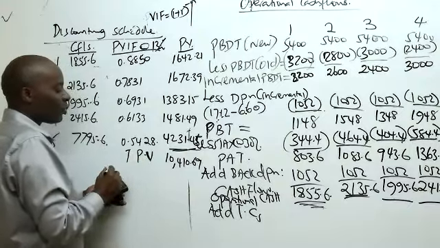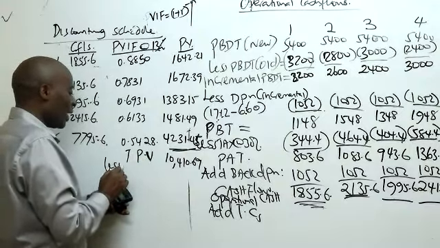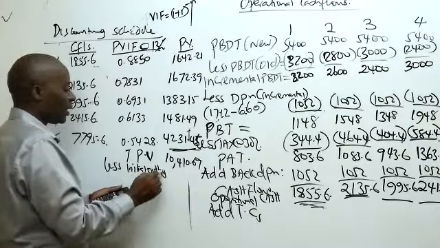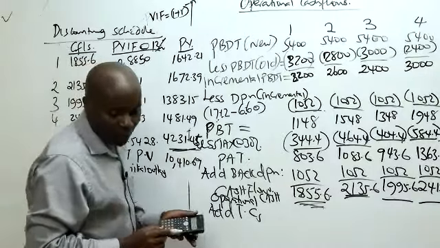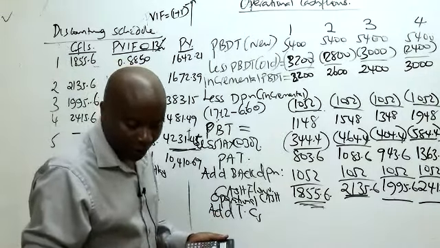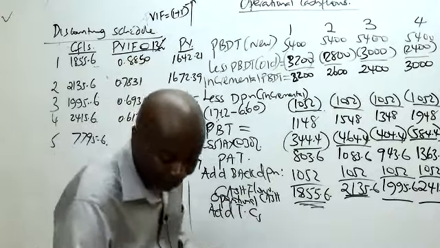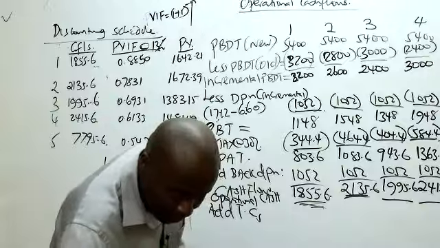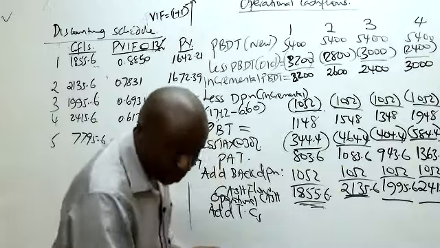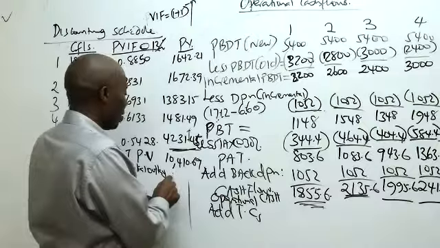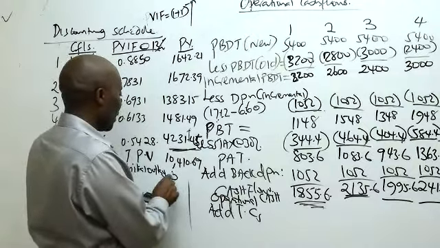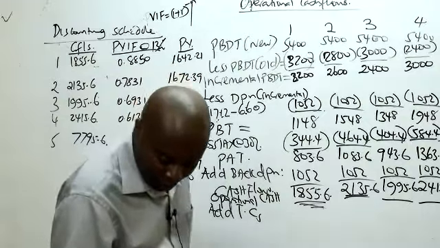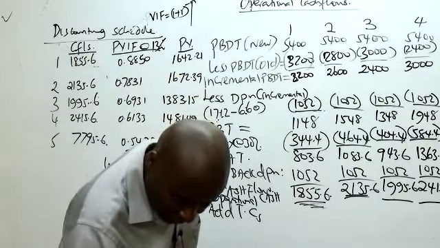Once you have your total present value, you less the initial outlay. We had computed the initial outlay with you. Was it 5,000?